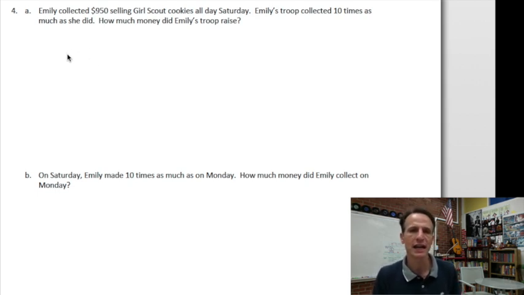So she has sold $950, and the troop as a whole, or the rest of the troop rather, they collected 10 times as much. 10 times is times 10, right?